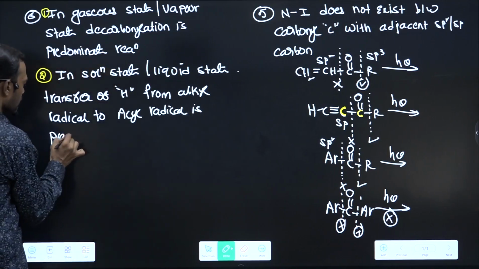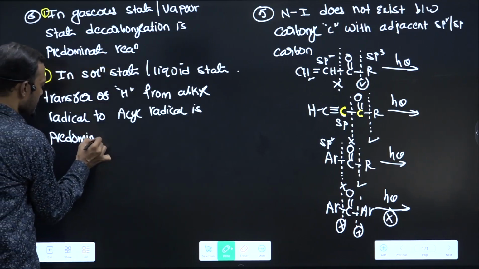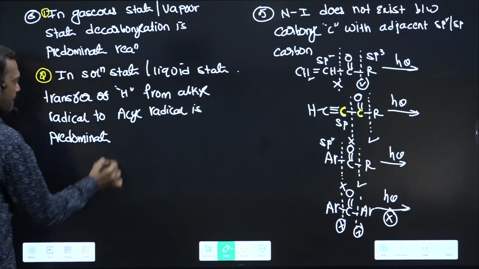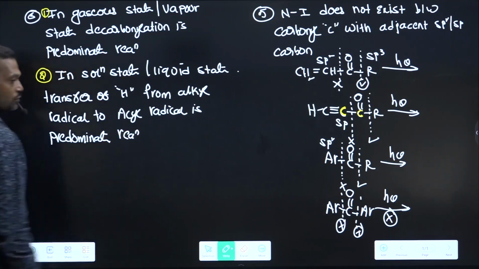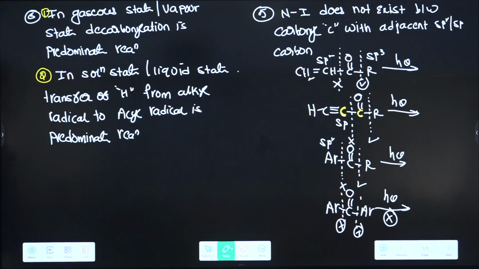It is a predominant reaction. If solution state is given, transfer of hydrogen takes place from alkyl radical to acyl radical. That is the dominating reaction when solution is given.